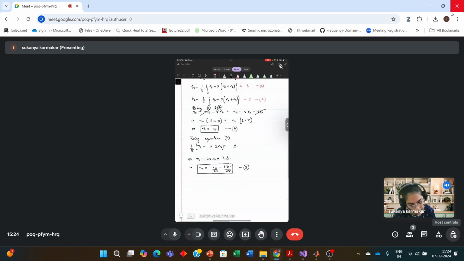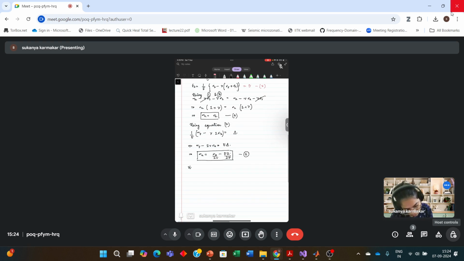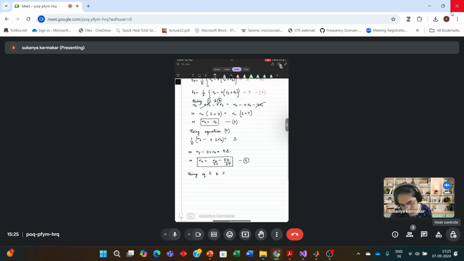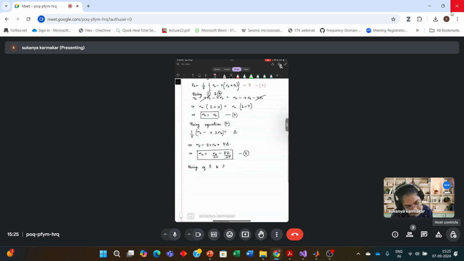So we have a relationship between sigma x, sigma y, and sigma x is equal to sigma z. So now we will be using equation 5, and let's say equation 3 and 4.